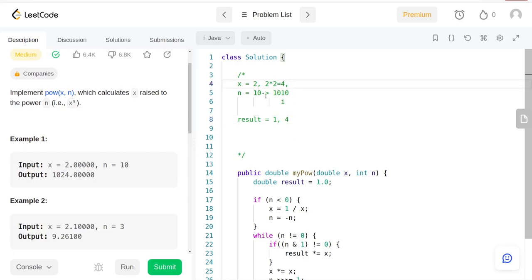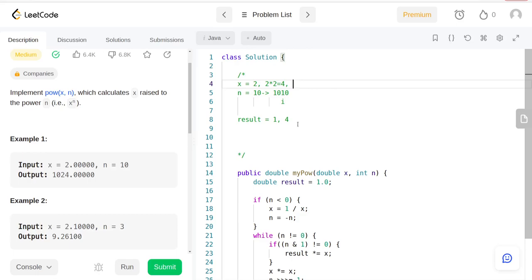Regardless of the binary value at this particular digit, the least significant, whatever the value of the digit where i is, x is always going to be multiplied by itself.